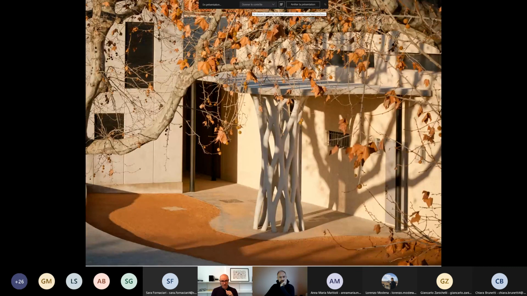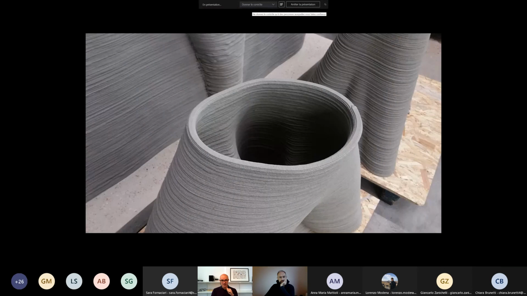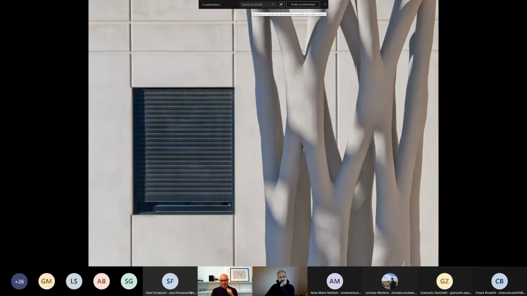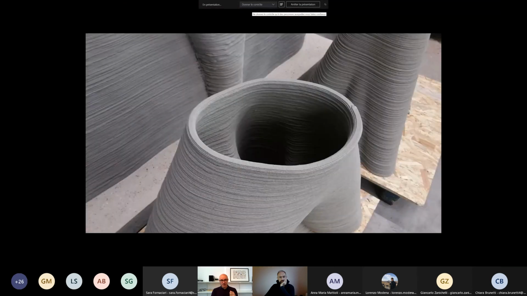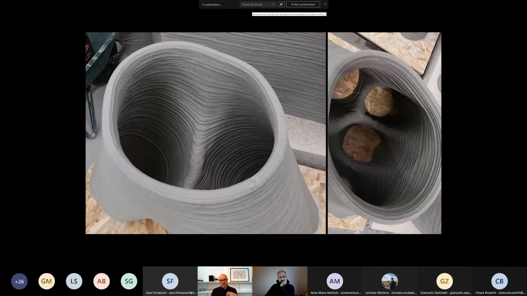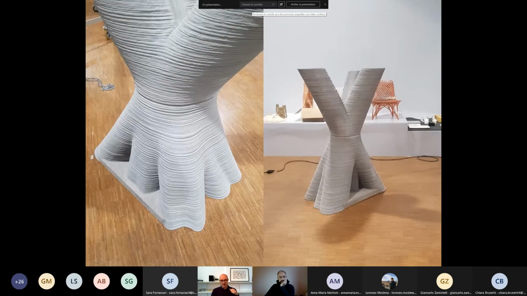Sorry, I don't find my word in English for that. And then again, we kept working on that, saying, okay, maybe let's try to do some more massive nodes like this, and that's it.